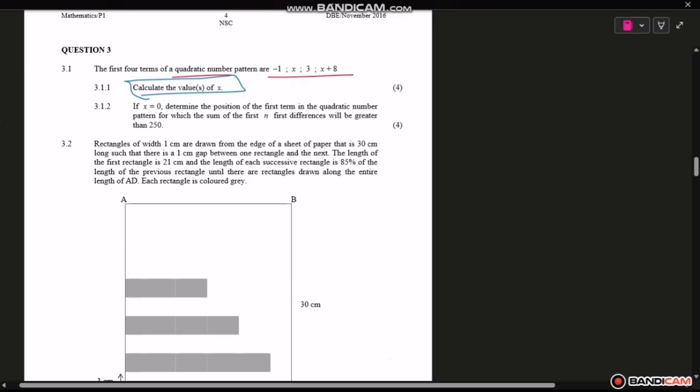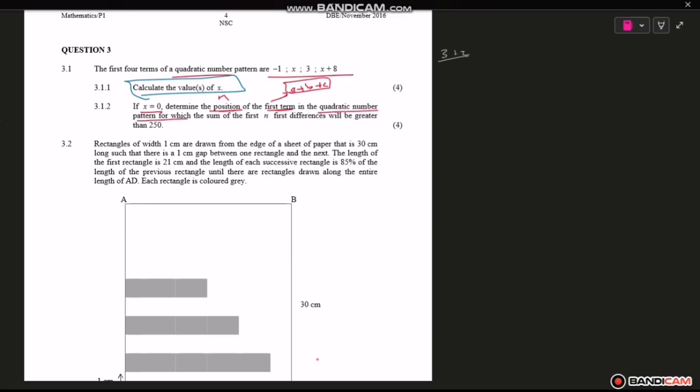All right. Now let's try to do 3.1.2. Okay, they're saying that if x equals 0, determine the position, remember the position is n, of the first term in the quadratic pattern, and the first term of the quadratic pattern is not just a, but it is a plus b plus c, remember.